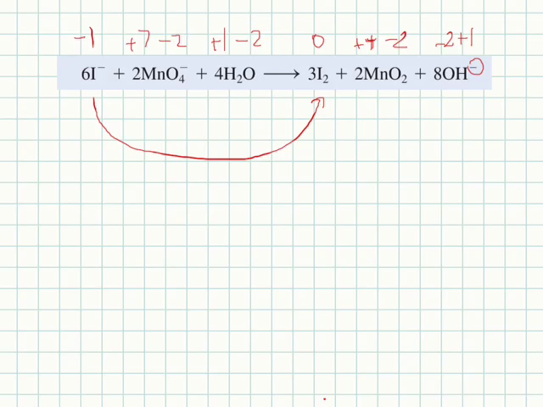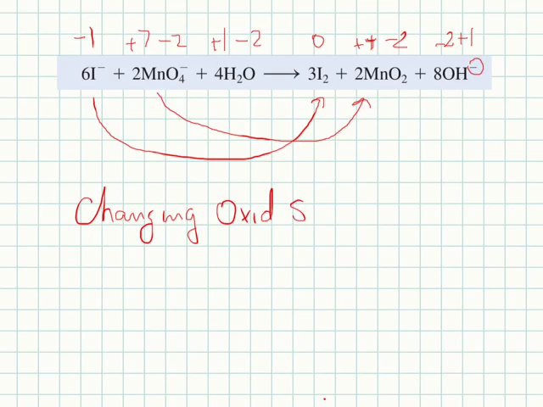The manganese began at +7 and finished at +4. The fact that we see changing oxidation states, that is enough to decide whether or not this reaction is redox, and the answer is yes. This is a redox reaction. It's a reaction involving reduction and oxidation, redox.